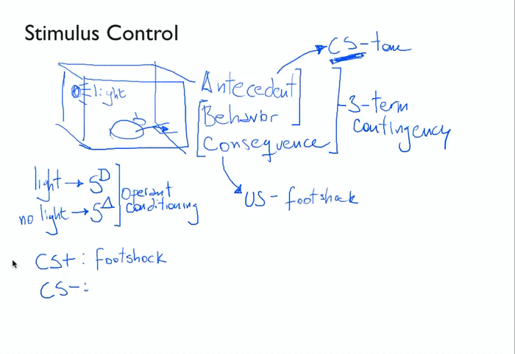Let's say this may be a 3 kilohertz tone, that's a relatively low tone, and this may be a 10 kilohertz tone, a relatively high-pitched tone, that means no food shock.